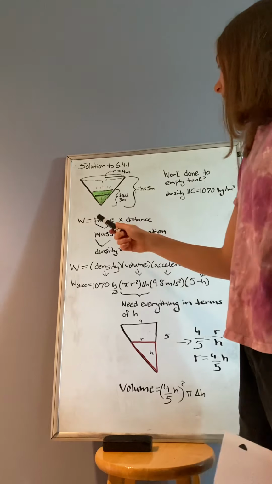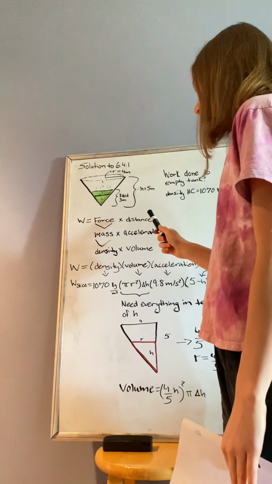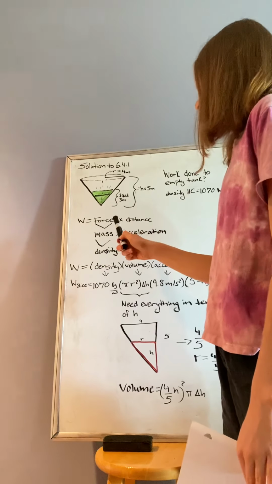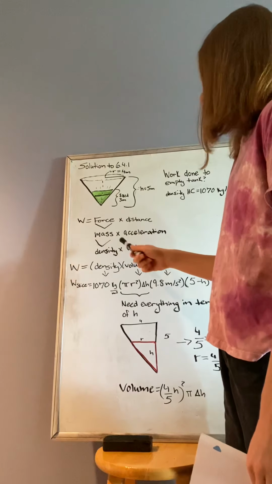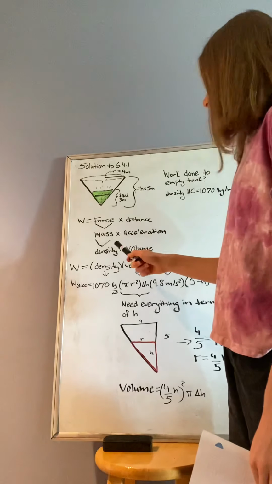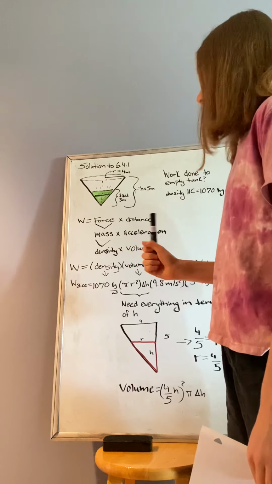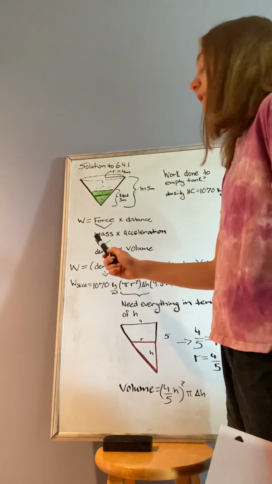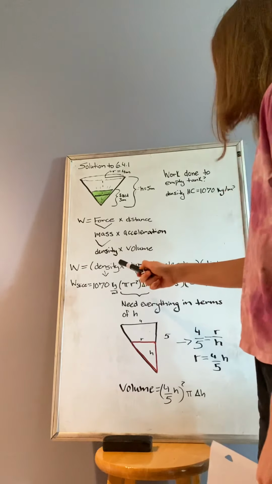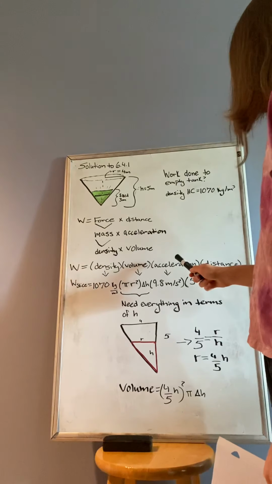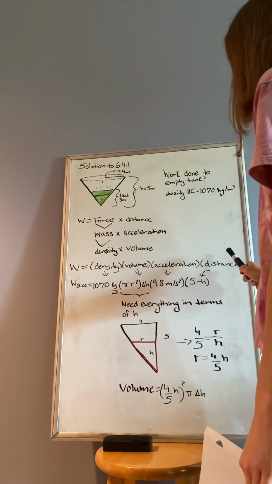So work is force times distance, and force is mass times acceleration, and mass is density times volume. So to calculate the work done, we're going to do density times volume times acceleration times distance.